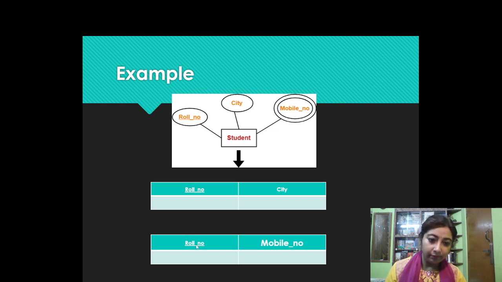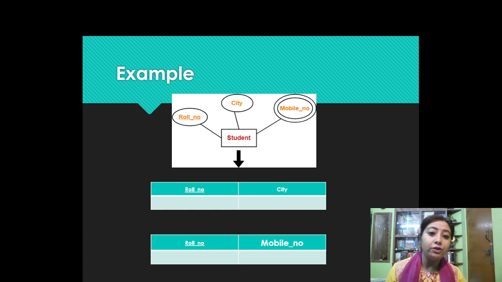again the roll number will come here, but along with that there will be the mobile number. One thing should be remembered here: in the first table the roll number is the primary key, and in the second table roll number is not the primary key. This roll number is actually the foreign key, which takes reference from the first roll number, because as per the rule of primary key, it cannot be null and it cannot be the same value.